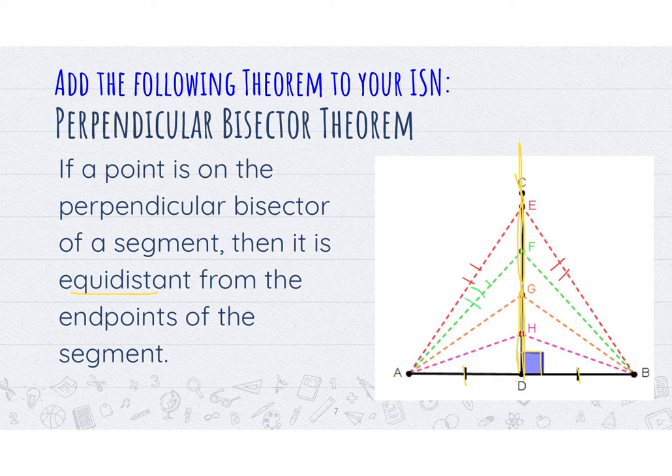The segment AF is congruent, or equal, to BF. F is the same distance from B as it is from A. We have the same thing here, 1, 2, 3, 4, different number of tick marks tell you they're different sizes, and so on. So we've got the definition of a perpendicular bisector. We have the perpendicular bisector theorem.